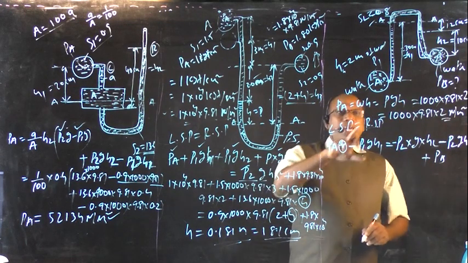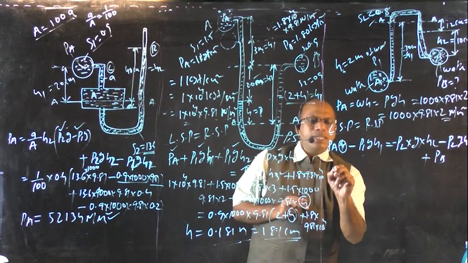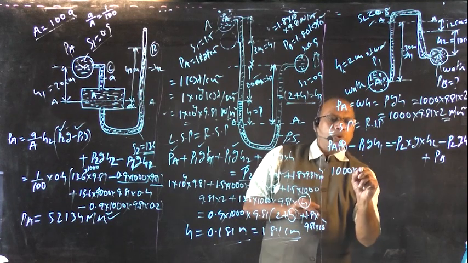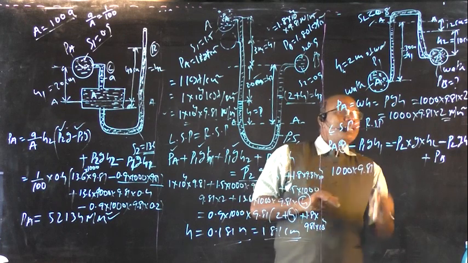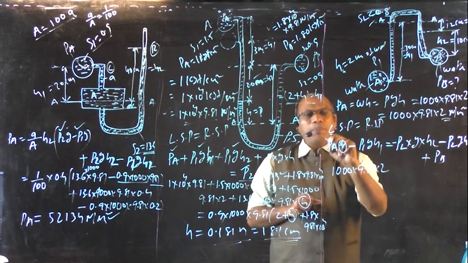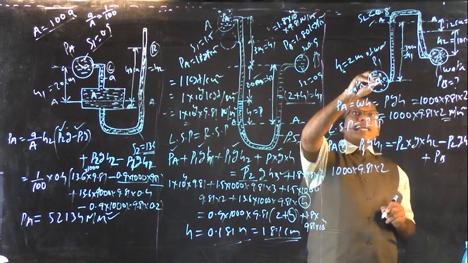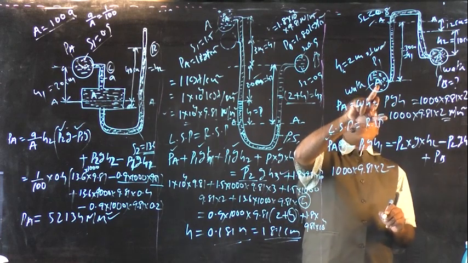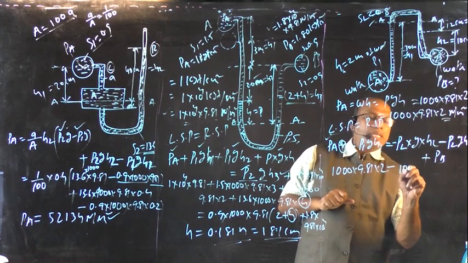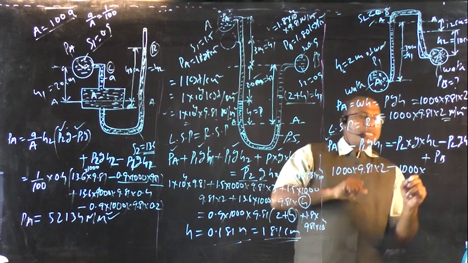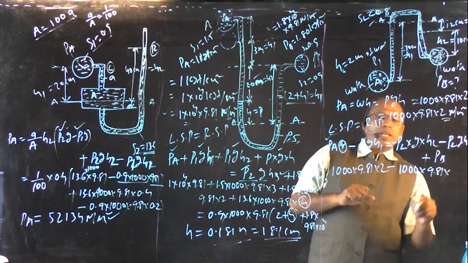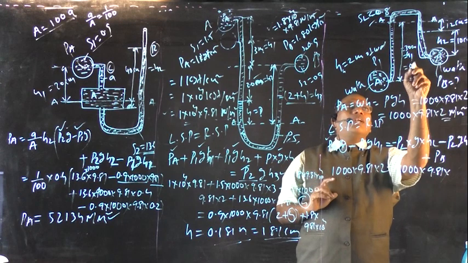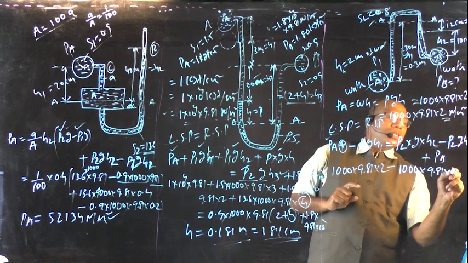Now PA we have already calculated, that is 1000 × 9.81 × 2, the pressure in pipe A, minus ρ, the density of the flowing liquid water, 1000 kg per meter cube, into g, 9.81, into H1, the level of 30 centimeters, that is 0.3 meters.